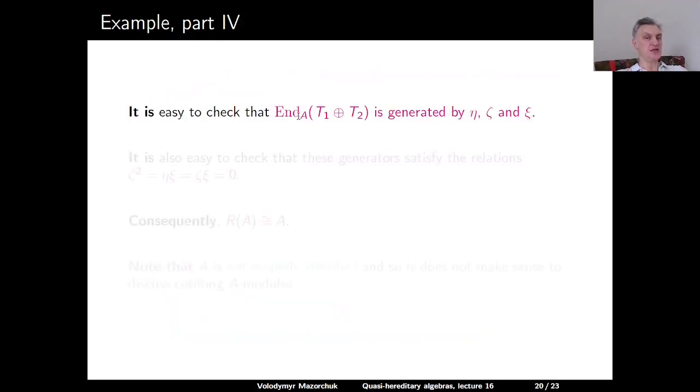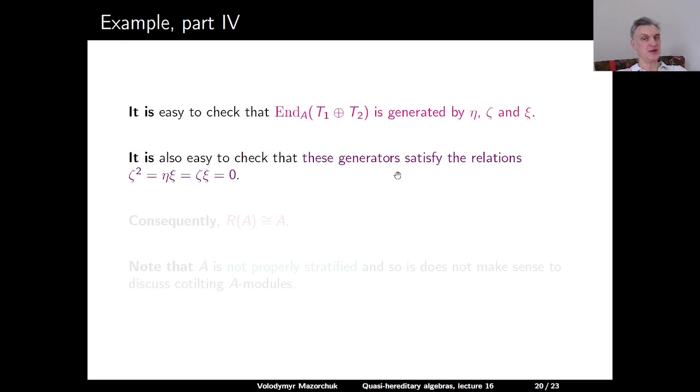And it is easy to check that the endomorphism algebra of T1 plus T2 is generated by eta, zeta, and Xi. And it is also easy to check that these generators satisfy the relations zeta squared is equal to 0, eta after Xi is equal to 0, and zeta after Xi is equal to 0.